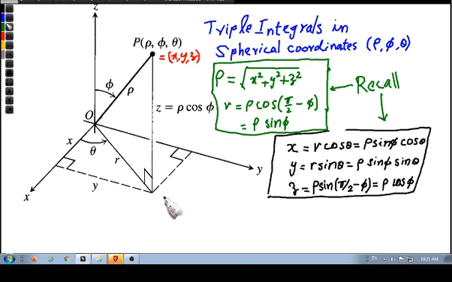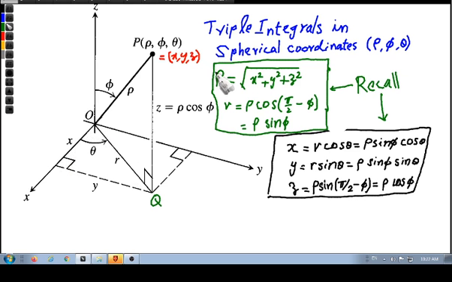Look at the vector OQ. Let r be the distance of the point Q from the origin. Now theta is the angle that the vector OQ makes with the positive x-axis.